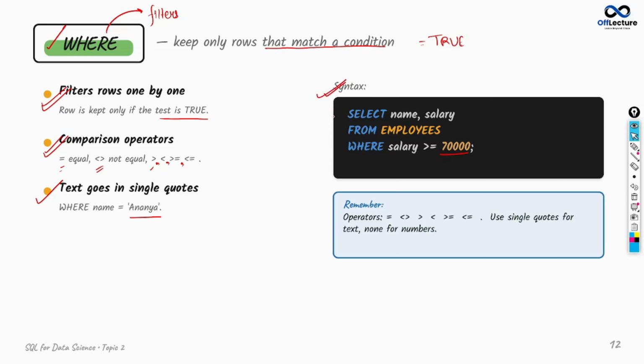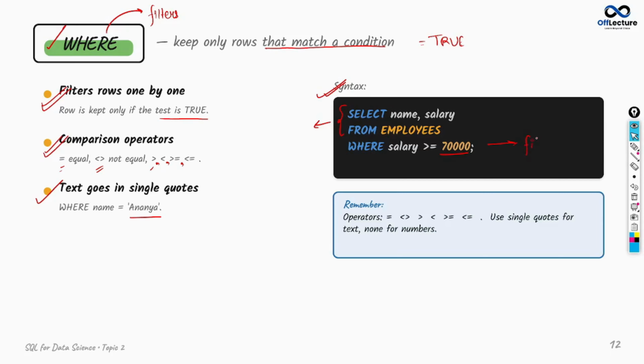So as we understood that select and from are the required clauses, so they will come first and second as in the order of the big six clauses. So we'll write select name and salary, then we will write employees, and then we will write our filter condition.